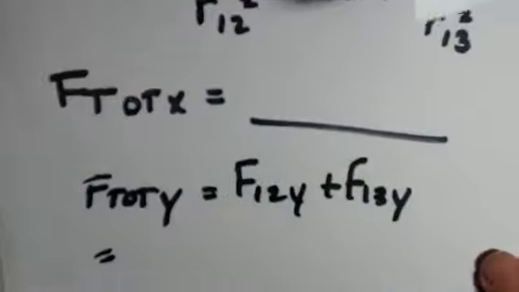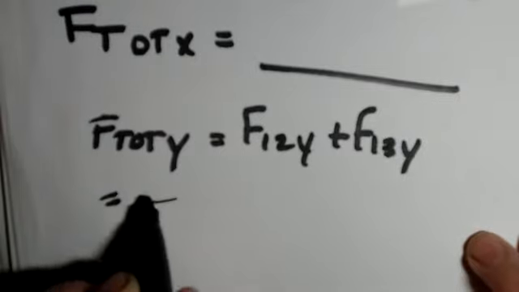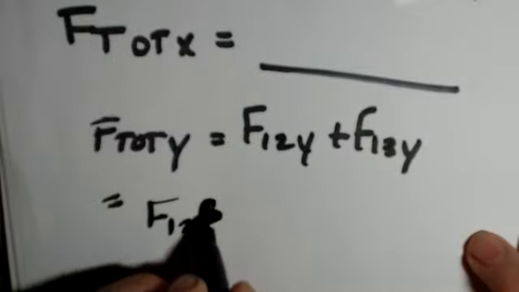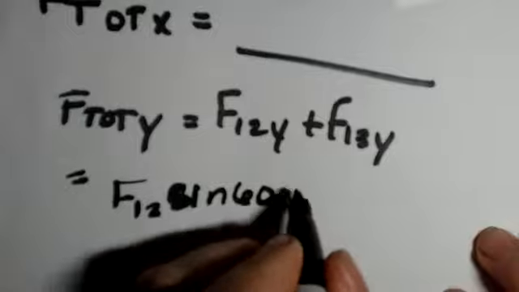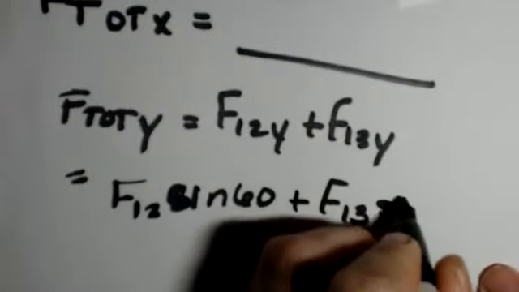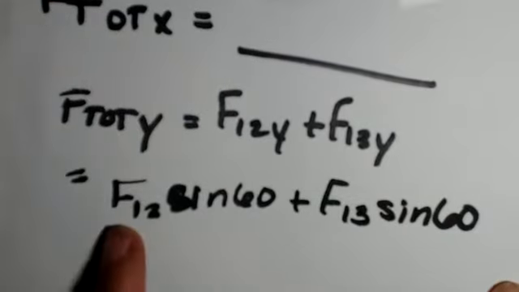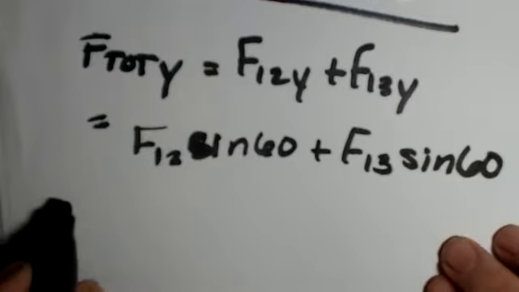So when I come back here to my equation, I'm going to have plus, this is going to be positive. So F12 sine 60, plus F13 sine 60. But then again, I know these are Coulomb's law forces, so I can plug those in.